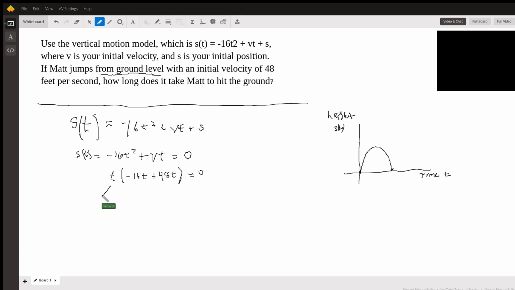So this has two solutions. The t is going to give us t equals 0. We already know that at time 0, when he's starting, he's on the ground. This one is going to give us negative 16 t plus 48.